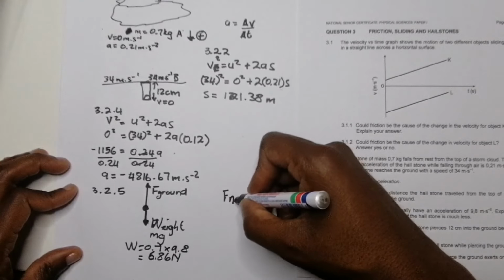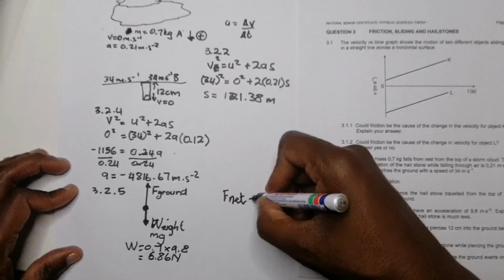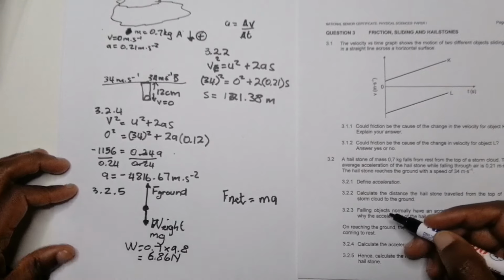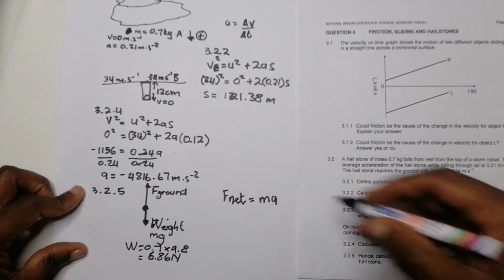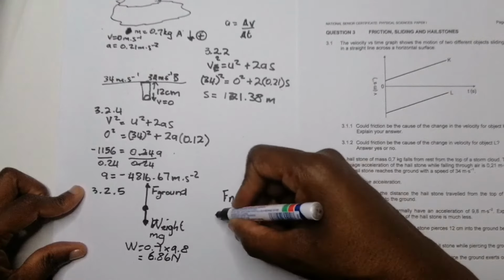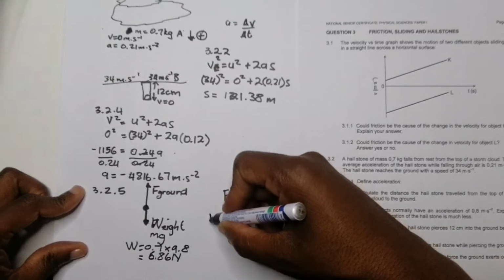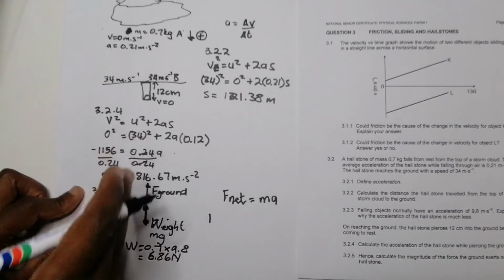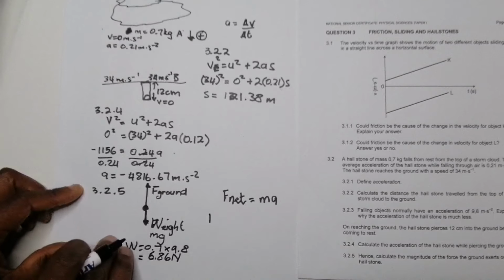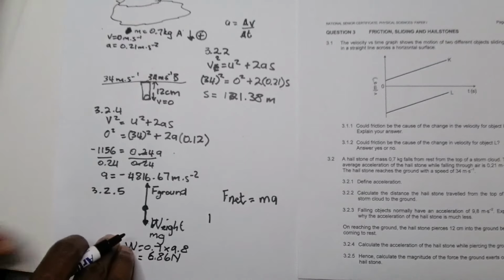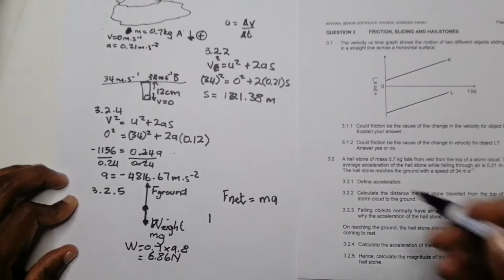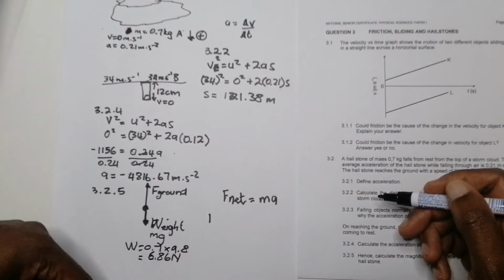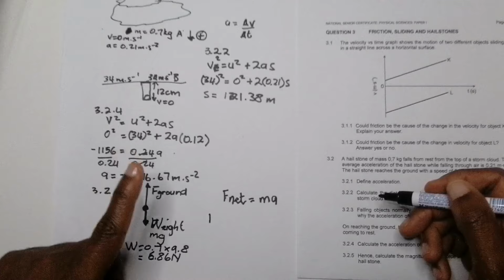So we know that the net force in this case is equal to ma. But what are the forces that are acting on this hailstone? The net force comprises the force that the ground exerts. Now it depends whether we want to maintain downwards as positive. I want you to notice this. We already said down is positive, meaning that up is negative.